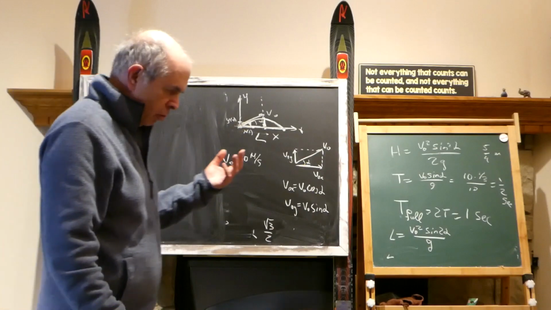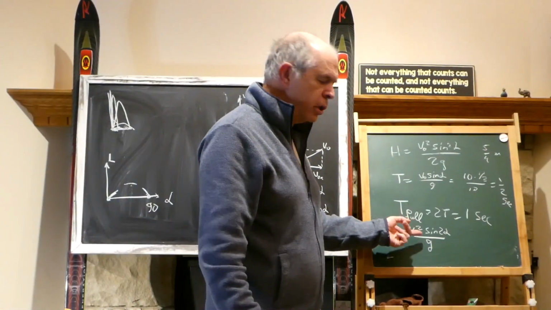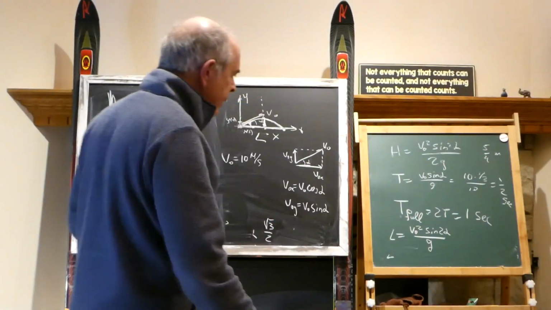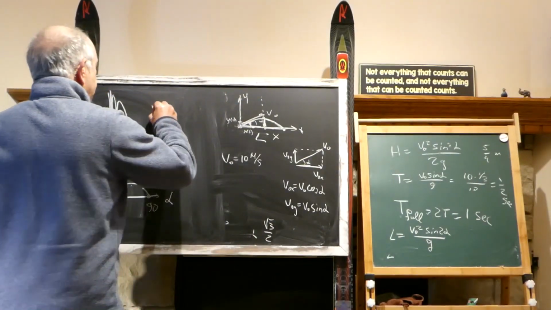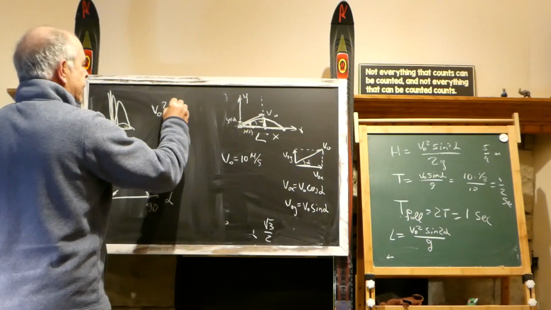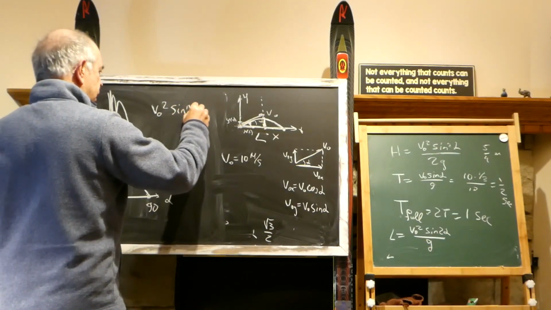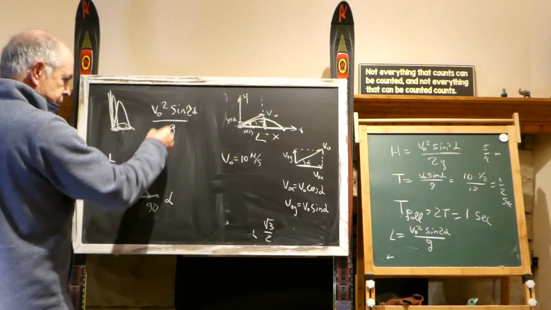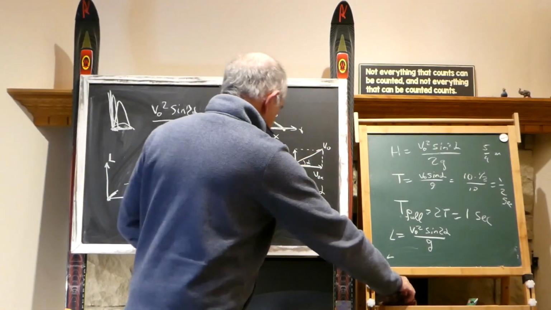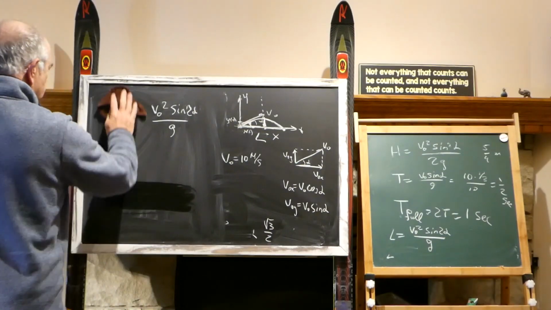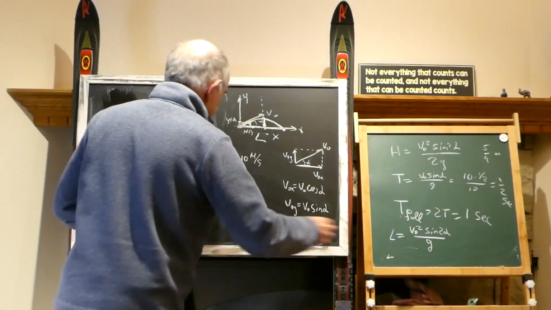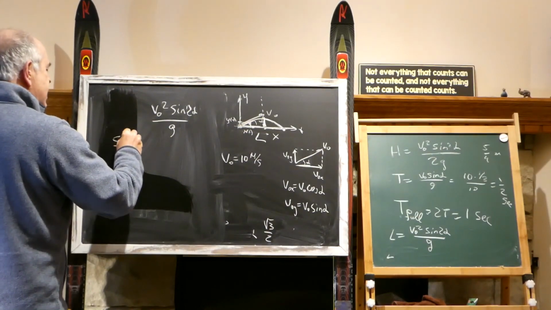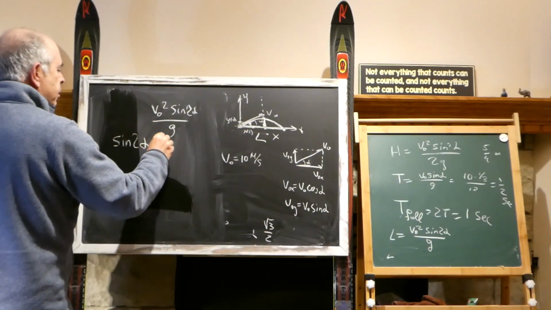And they ask us to find at which angle there would be a maximum L. So v0 is fixed, and we have this formula, v0 squared sine 2 alpha divided by g, and g is known, v0 squared is known, so all they want us to do is to find where is the maximum, and the maximum is when sine 2 alpha becomes maximum.